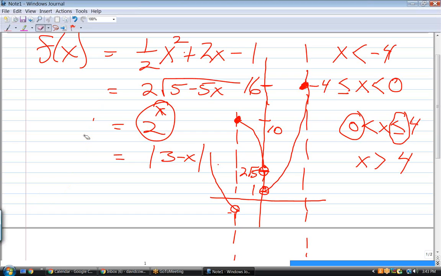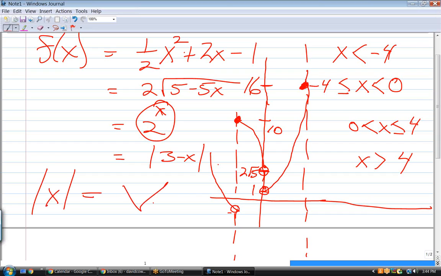Okay. And now the only interval left is this greater than 4. Well, what does the absolute value function look like? A typical absolute value function looks like this.